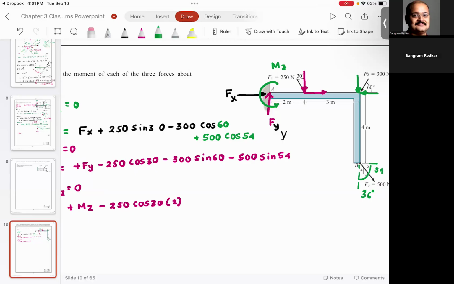But the vertical component of F2 is at distance 5 meters, so it's going to give you a moment. And that moment, would it be positive or negative? Negative. So minus 300 sine 60 multiplied by 5. Now the last but not least.